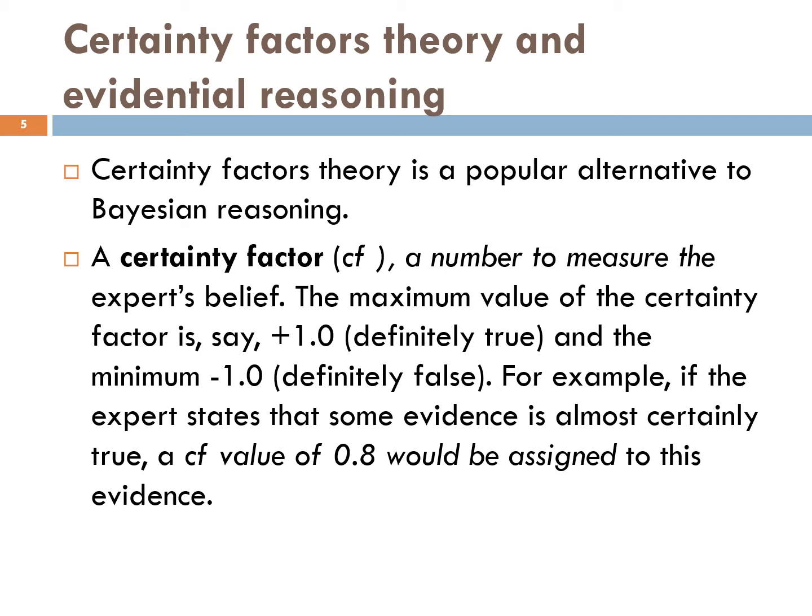to measure the experts' belief, where you can have a maximum value of the certainty factor, say at positive 1.0, which means definitely true. And also we can have a minimum of negative 1.0 where it is definitely false.